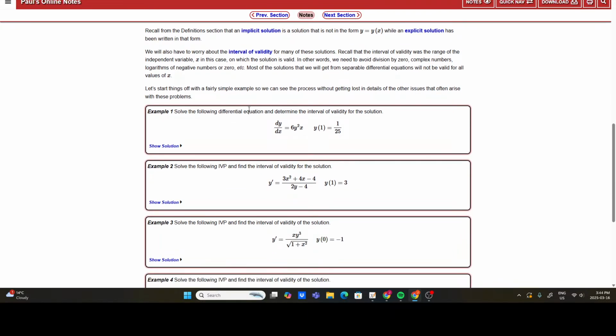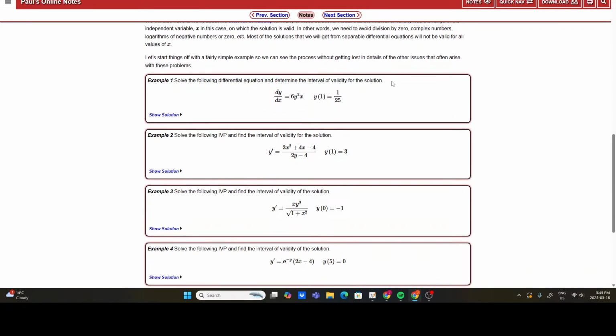So, let's do this. Solve the following differential equation and determine the interval of validity for a solution.